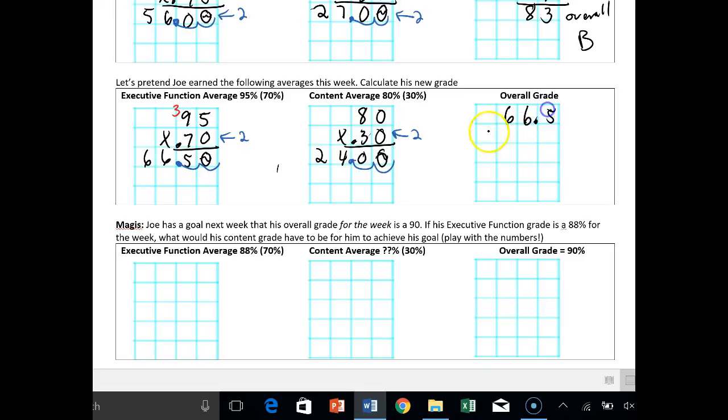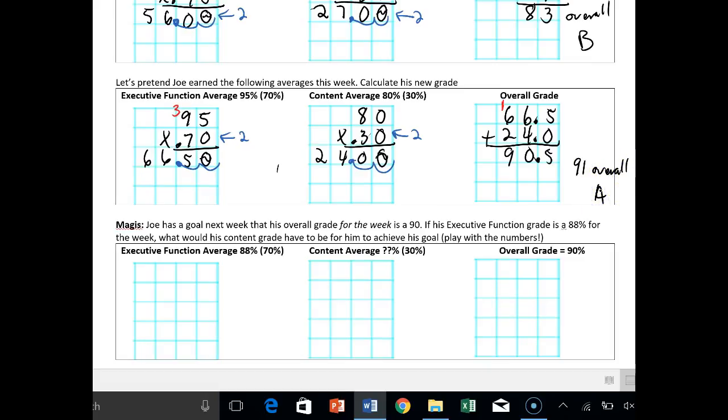It's 66.5 plus 24. You could say 0.0 if you want. This is 5. This is 10. Carry 1. And this is 9. So 90.5. And on the gradebook, we'd probably list that on your progress report as a 91 overall, right? Which would be an A.